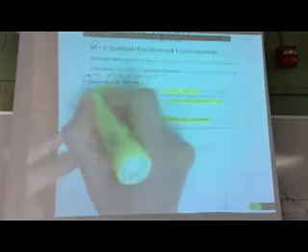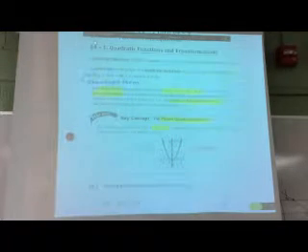Now, the vertex of the parabola is (h, k). And remember (h, k)? (h, k) was the vertex of the absolute value function. Guess what? (h, k) is the vertex of a parabola. And do you remember with the axis of symmetry, the equation for the axis of symmetry with an absolute value function was x equals h?